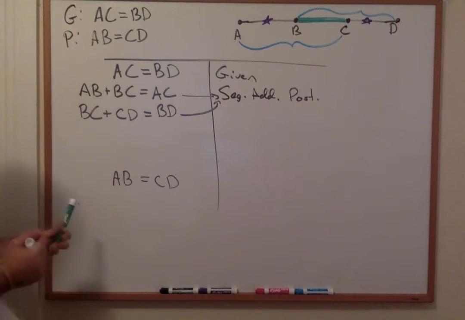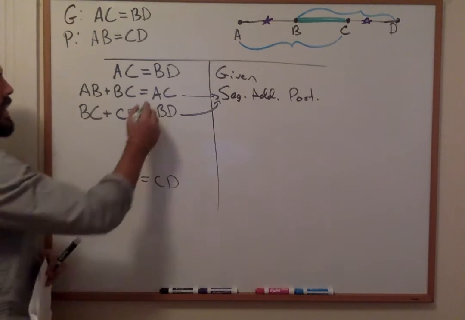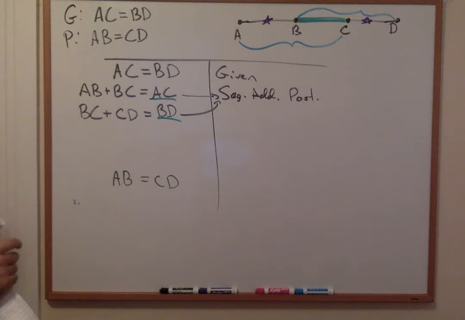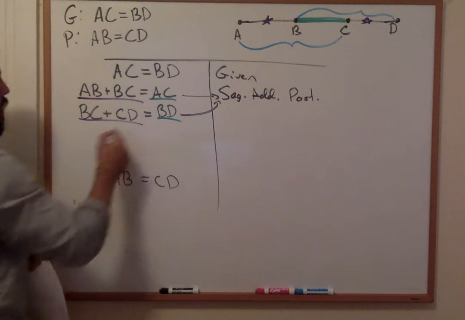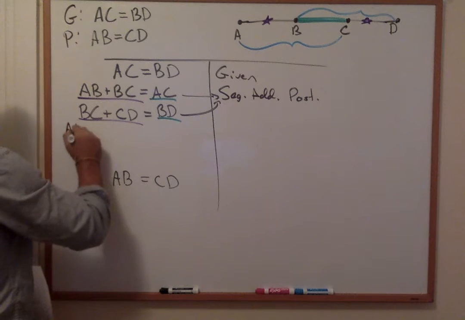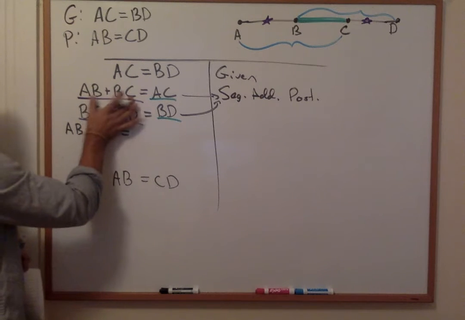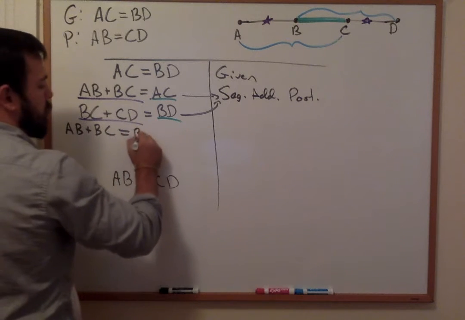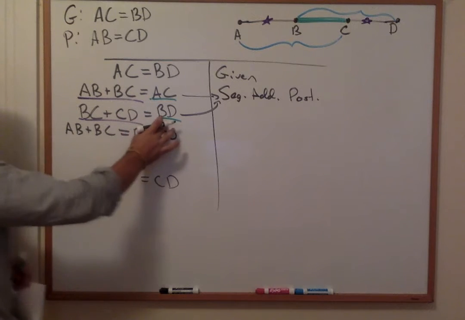Now, because I've already shown that AC and BD are equal, that must mean that their parts are equal. So AB plus BC, the parts that equal AC, must equal BC plus CD, the parts that equal BD.